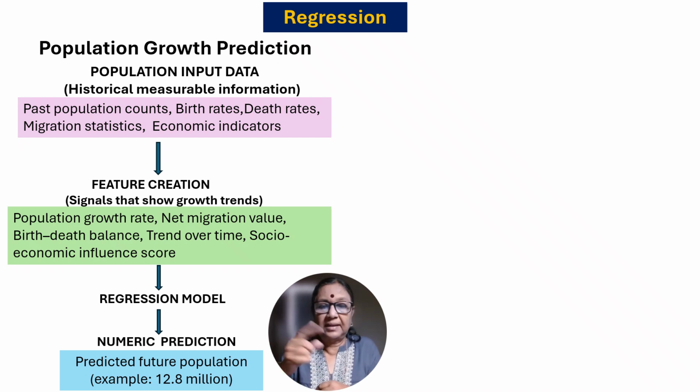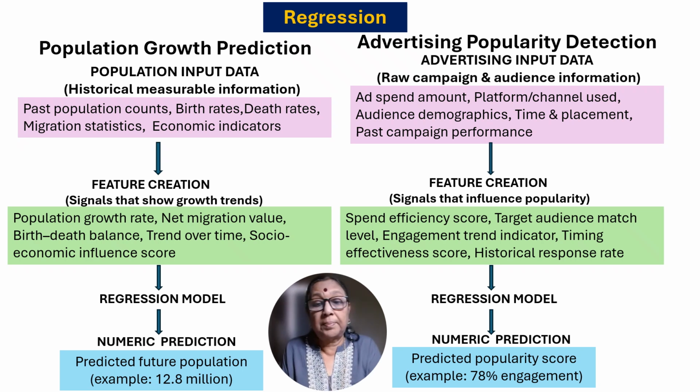The model fits a curve or a line, and then given a new input, it will try to find out the value. In this case, it can give an example of 12.8. Another one is advertising popularity prediction, very useful for business.